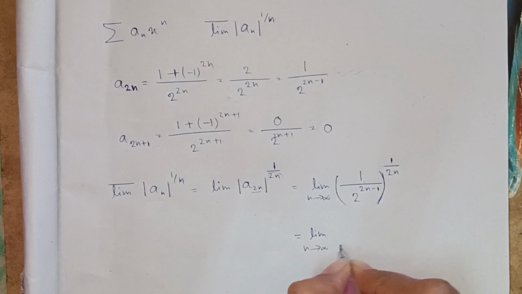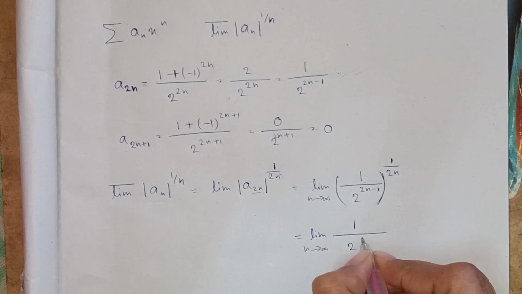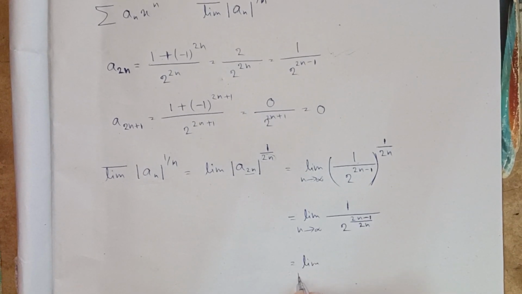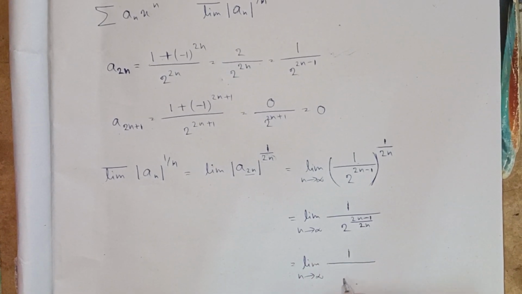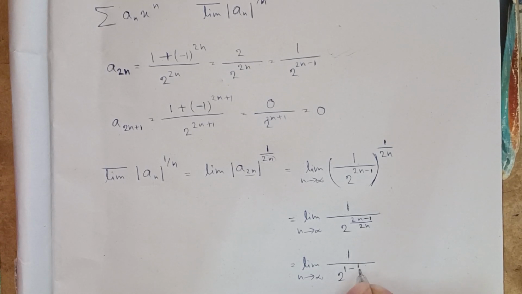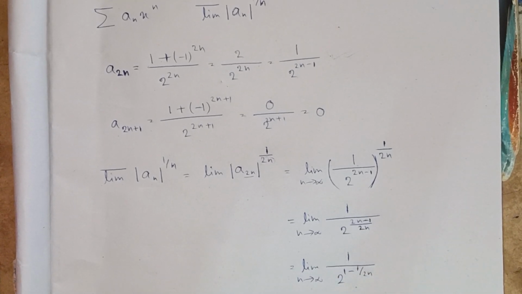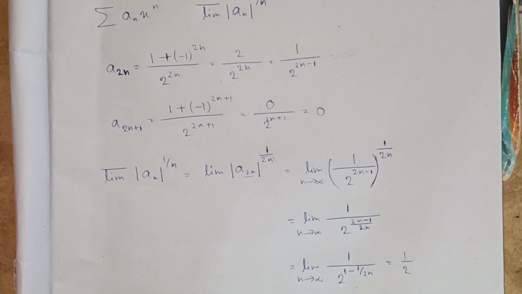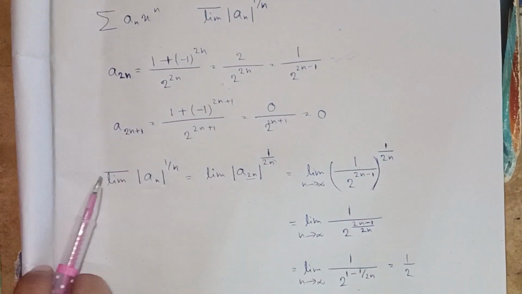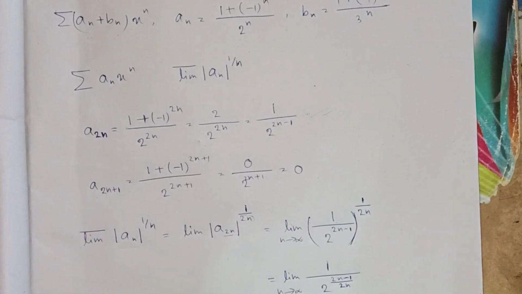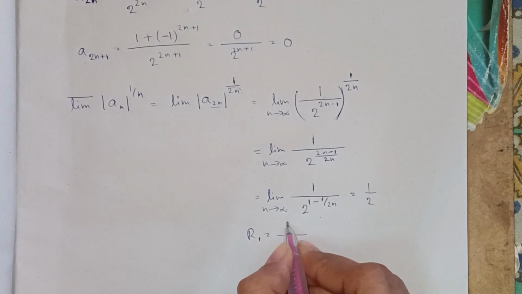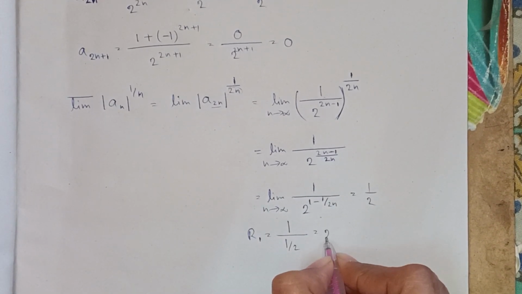Limit n tends to infinity 1 over 2 to the power 2n minus 1 over 2n, which is equal to limit n tends to infinity 1 over 2 to the power 1 minus 1 over 2n. Now as n tends to infinity, this goes to what? 1 over 2. So the radius of convergence for the series an x to the power n is what? R1 is equal to 1 over 1 over 2, which is 2.